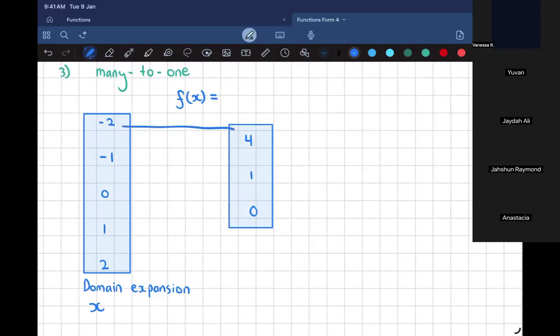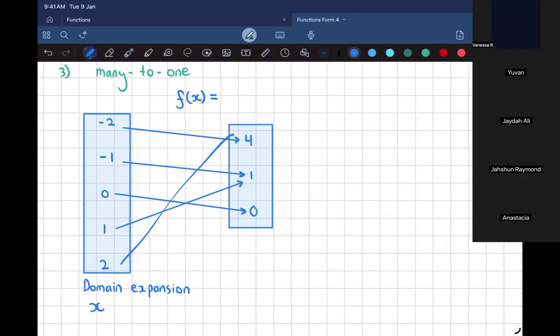So -2 goes to 4. You do something with -1 and you get 1. With 0 you get 0. With 1 you get 1. With 2 you get 4.